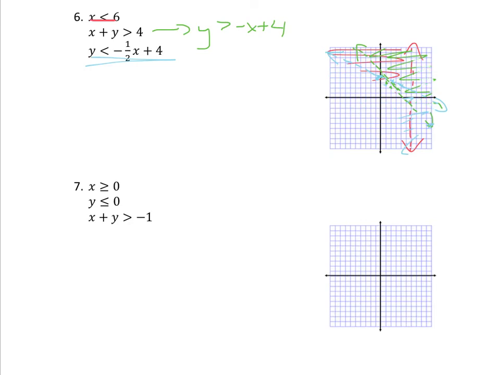You can start to see that the part that is the correct answer is going to be above the green part, to the left of the red part, and below the blue part. So I'm going to put it in black. It's actually this little triangle right in here. So the neater you are when you graph these things, the better you'll be able to see your answer.